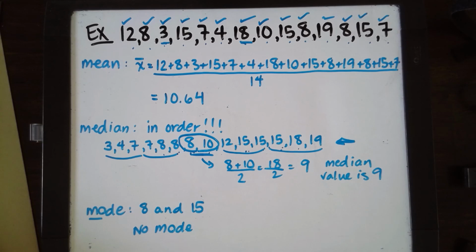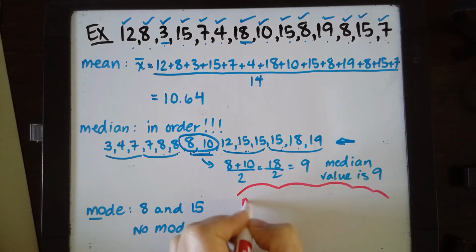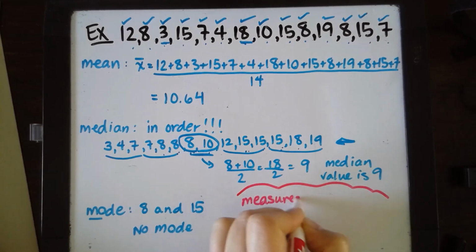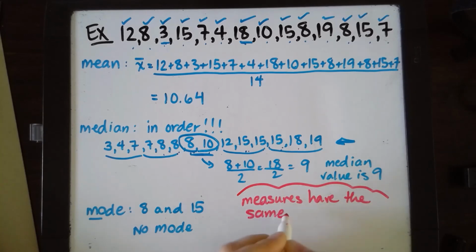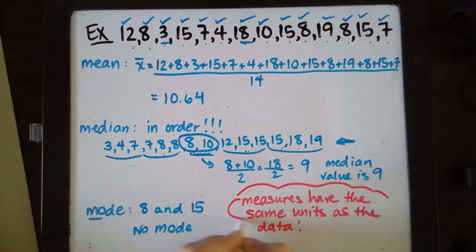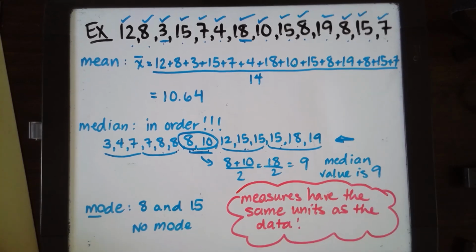Okay, so one last point that this problem doesn't really speak to, but the next problem in your notes does, so that's all written out for you and I'll let you read through it, is these measures have the same units as the data. Okay, so units are obviously very important to us in math.